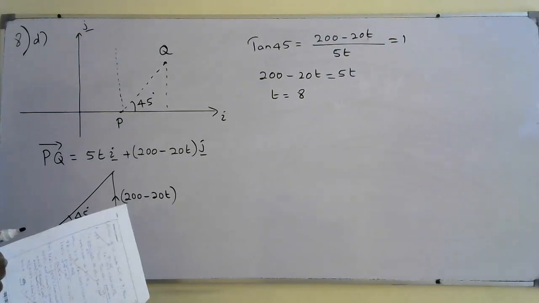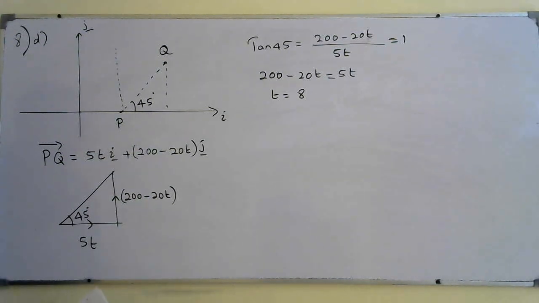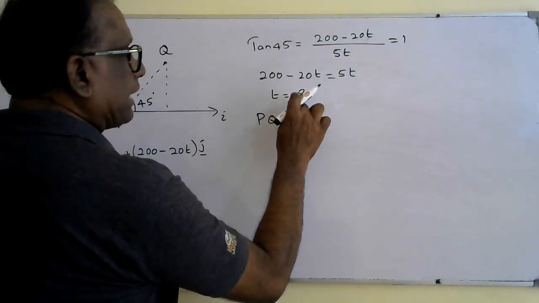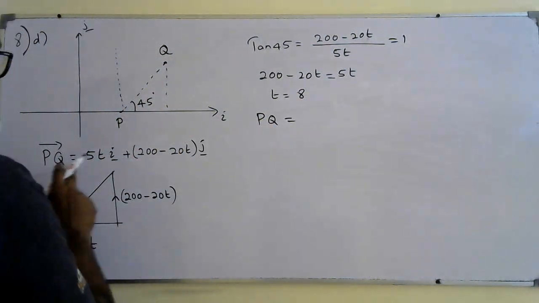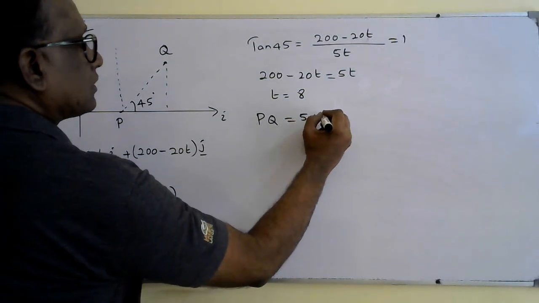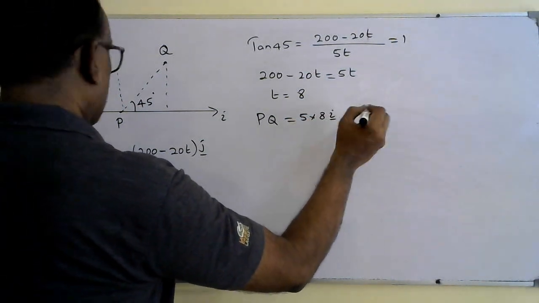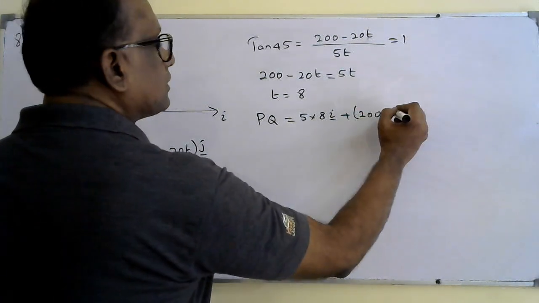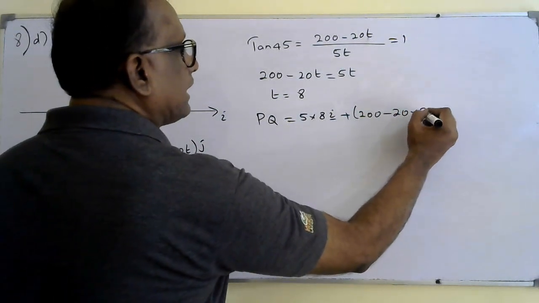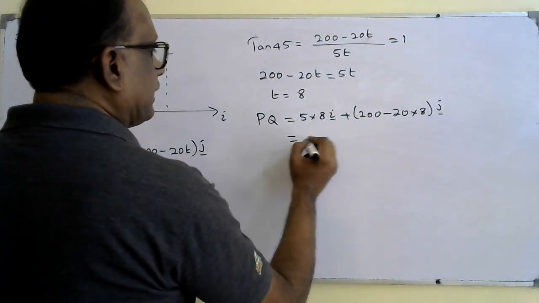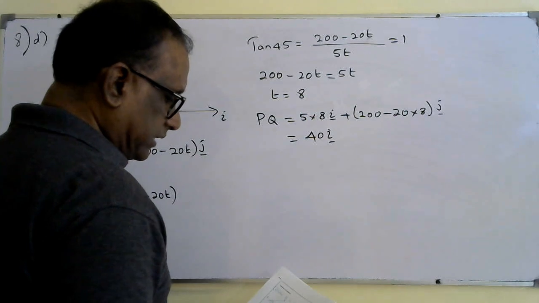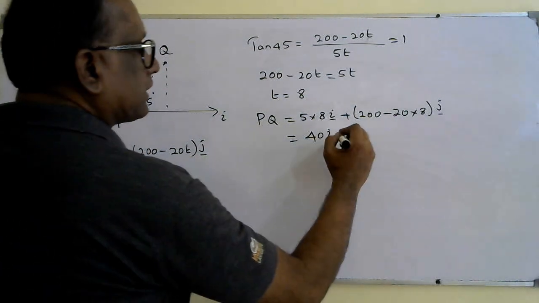The question is to find the distance between P and Q at that moment. When the time is 8, the vector PQ becomes 5 into 8 i plus (200 minus 20 into 8) j. So that will be 40i plus 40j.